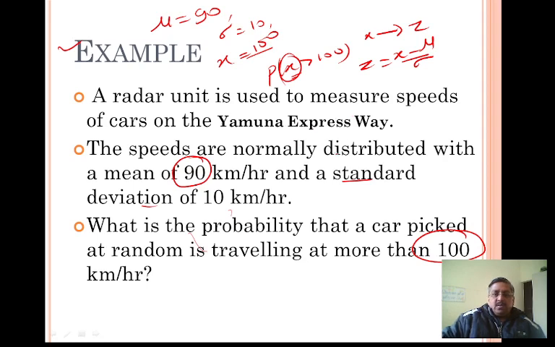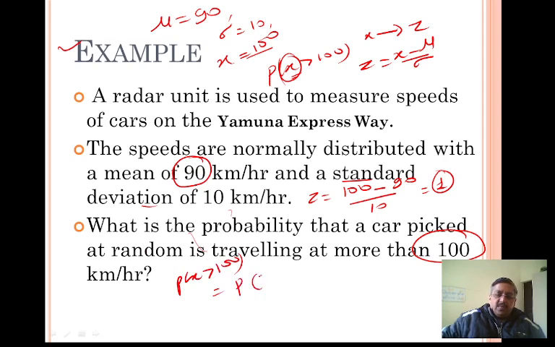So z equals x, that is 100, minus mu, which is 90, divided by the standard deviation, that is 10. So you get z equals 1, and we need to find P of x greater than 100. That has been translated into P of z greater than 1, right?